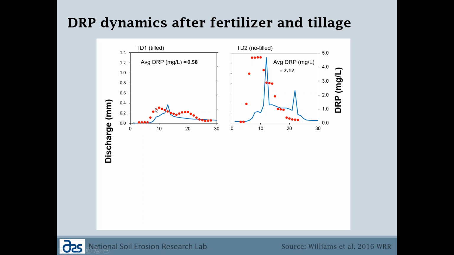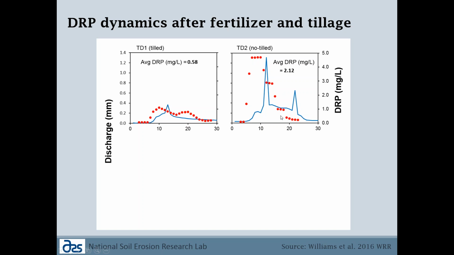So after the fertilizer, we saw a response in the phosphorus concentration with an average concentration of 0.58 milligrams per liter. But in the no-till field on the right, we saw this huge increase in concentrations, nearly up to 5 milligrams per liter. Remember, our concentration threshold is 0.05, so this is orders of magnitude greater.